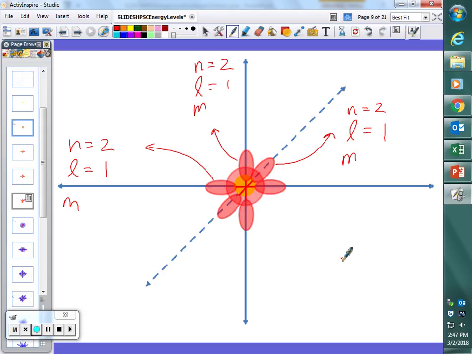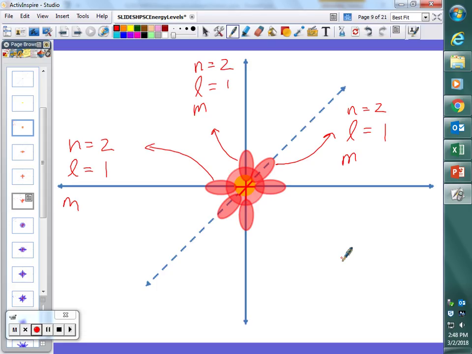But what do you have to go through to get from negative 1 to positive 1? Well, on a number line, you have to go through 0. So if L is equal to 1, M can be negative 1, or 0, or positive 1.